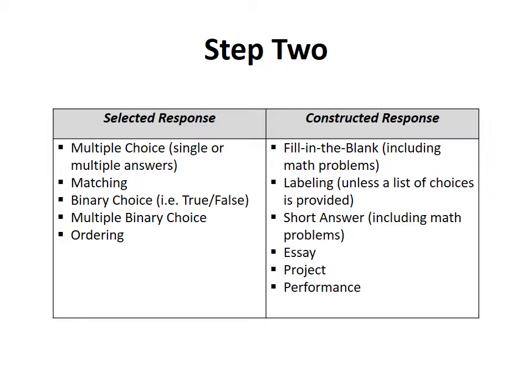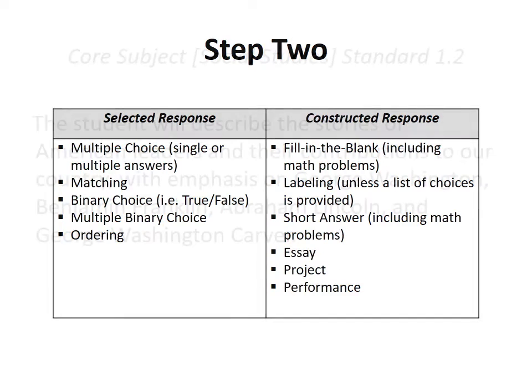And multiple choice items can be used to assess skills in a valid and reliable fashion. That would be an example of a selected response item. So step 2 is about identifying what types of items are most appropriate for your skill type.